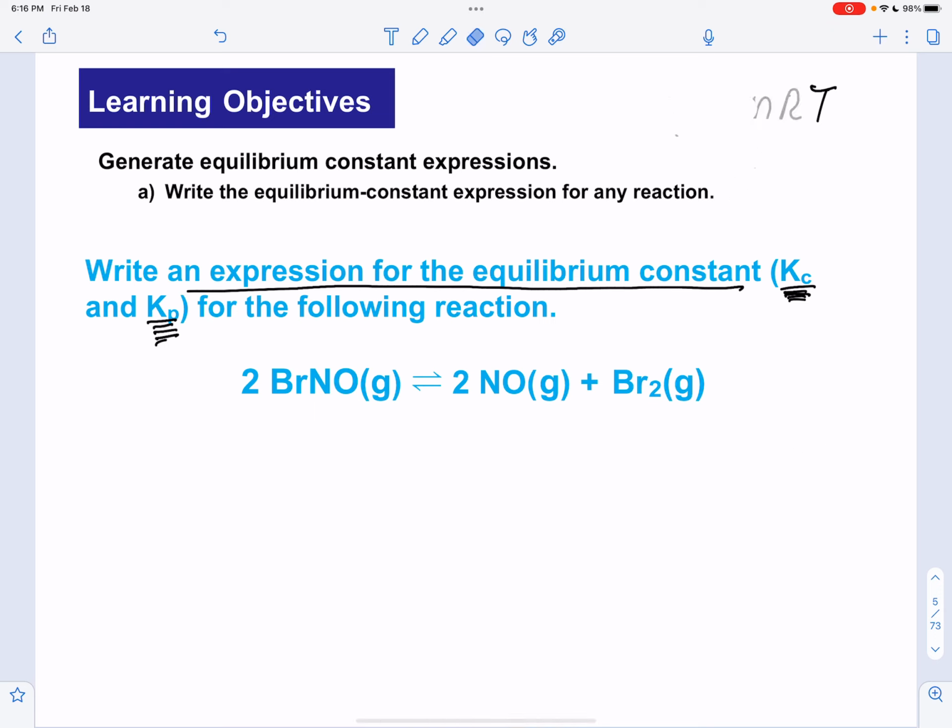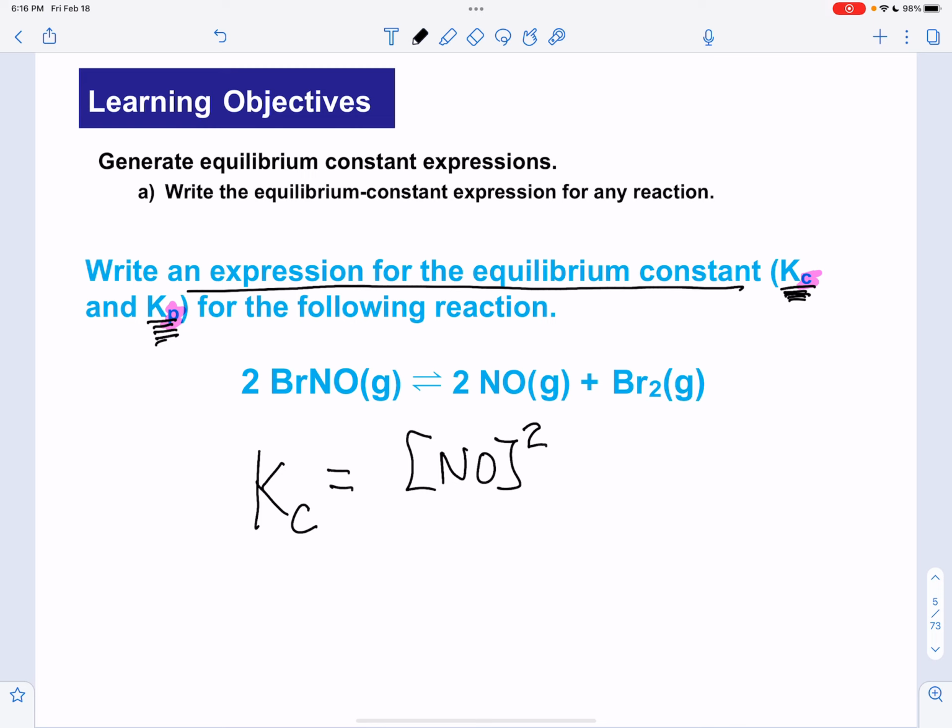So that's what we can talk about in terms of concentration and pressures, and we're still talking about more or less the same thing. So what is the rule to write the equilibrium expression? The big K, if we do it for concentration, is going to be the concentration of the products. These are equilibrium expressions, so different from the rate law, we always use the coefficient as the power.